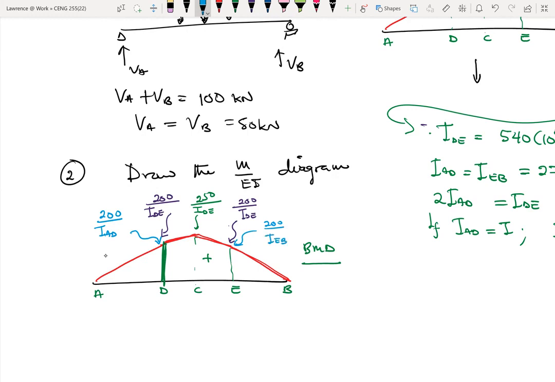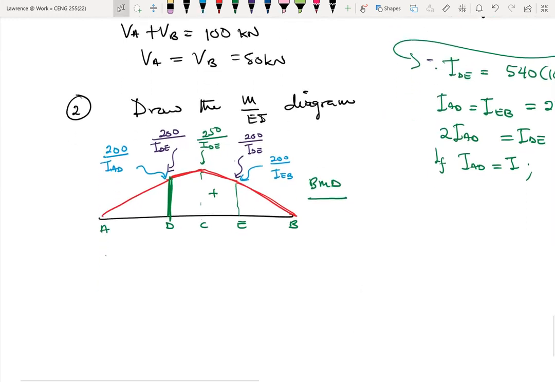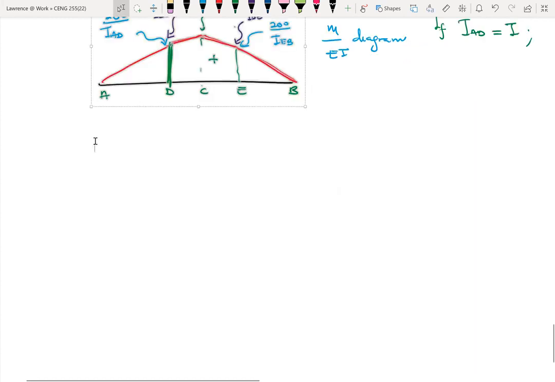Okay. So that's what is going on over there again. So this is the M over EI diagram. Okay. So let me just do some more math or some more magic, and let's see how things will show up.